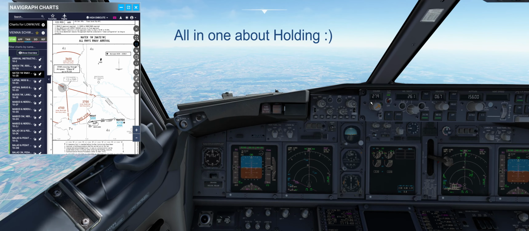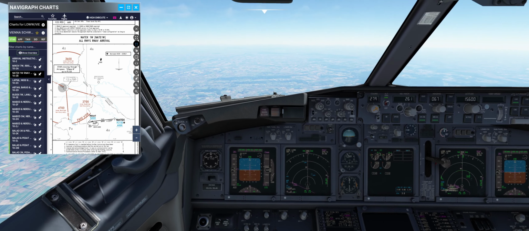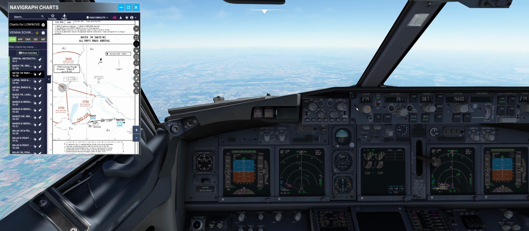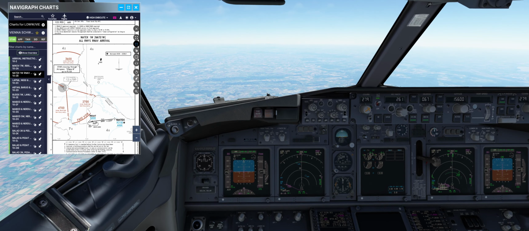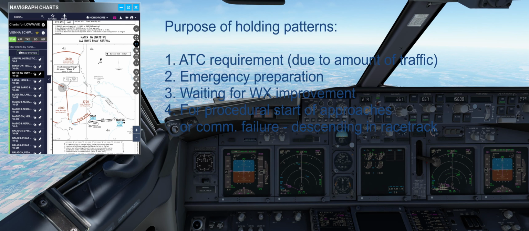Today we are going to talk about the holding. What is the holding? Most of you are fully aware and you are using it day by day.